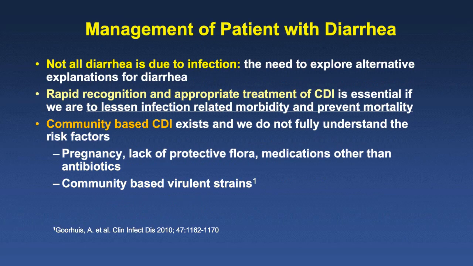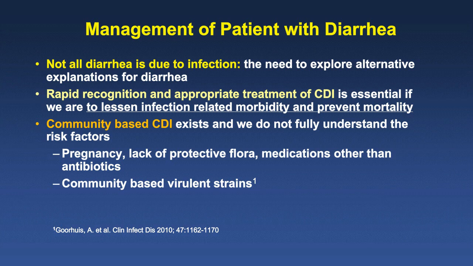When we think about patients with diarrhea, we have to appreciate that not all diarrhea is due to infection, and certainly not all of it is due to C. difficile infection. And we have to ask ourselves to explore alternative explanations. We have to appreciate at the same time that if you were to have an infection with CDI, especially in a compromised host, this could be a rapidly problematic infection.